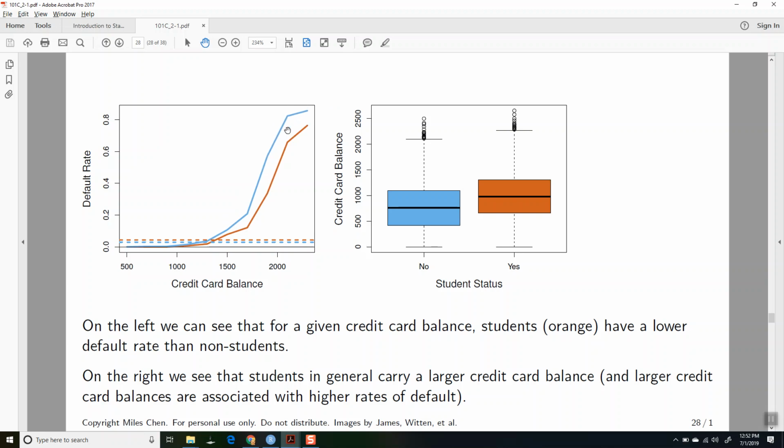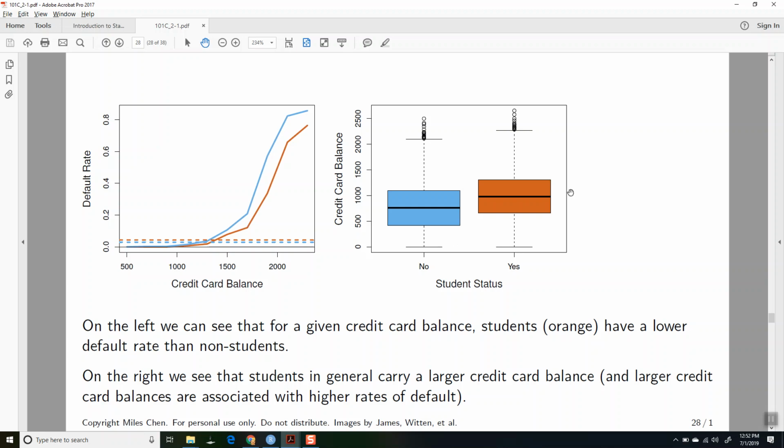The blue line is higher than the orange line, which means that if you're not a student and your credit card balance is $2,000, you have a higher rate of default than the student. Same if your credit card balance is $1,600, it's higher up here than it is over here.